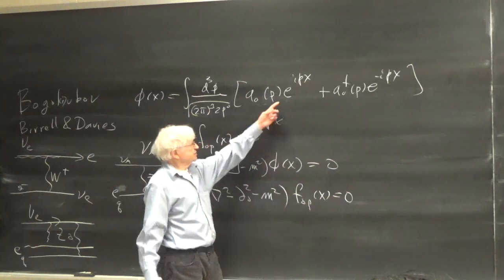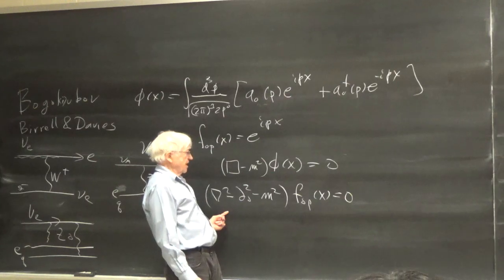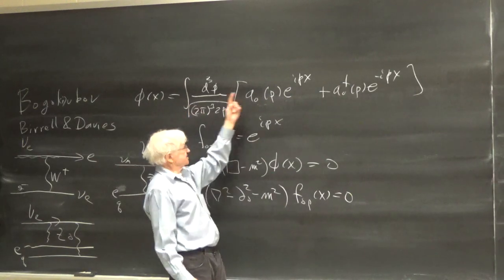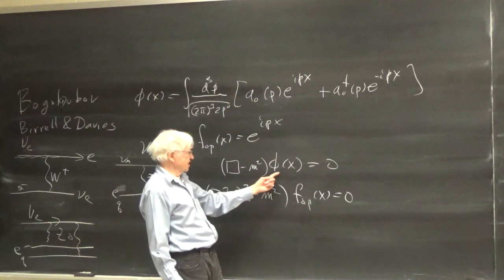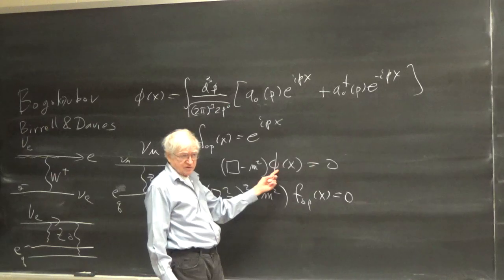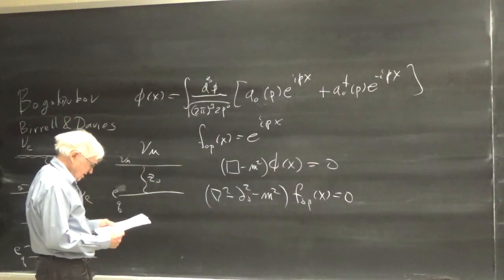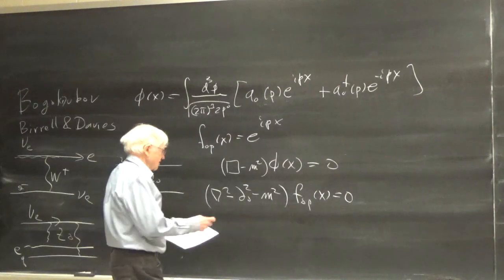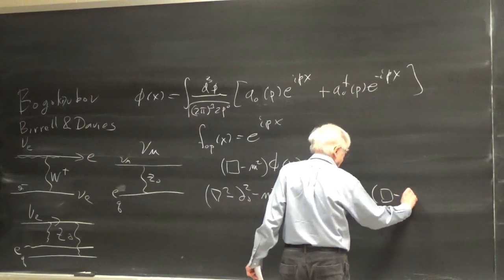In other words, we use these mode functions because they're solutions of the Klein-Gordon equation, and once we use them, then automatically the field, because it's expanded in terms of mode functions that satisfy the Klein-Gordon equation, satisfies the Klein-Gordon equation. Which, of course, is the same thing as box minus m squared.